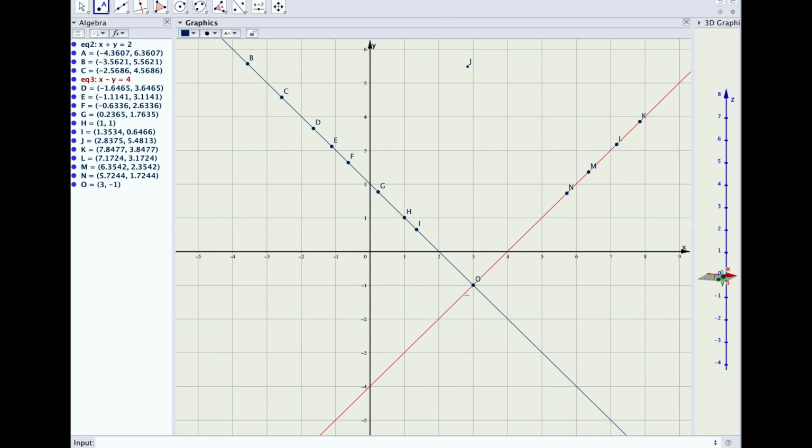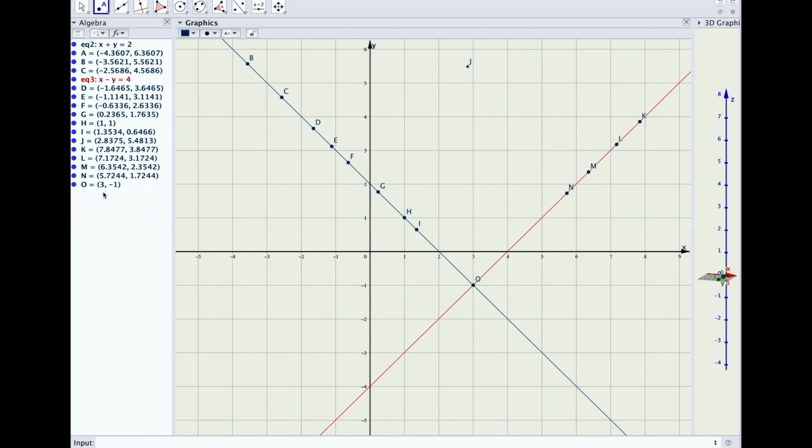So I don't have any freedom at all. If I want to satisfy what is on the blue line and what is on the red line, I am actually a prisoner there. No movement at all. So no degrees of freedom. In that scenario, I have one single solution, and you see that GeoGebra actually provides that for you.